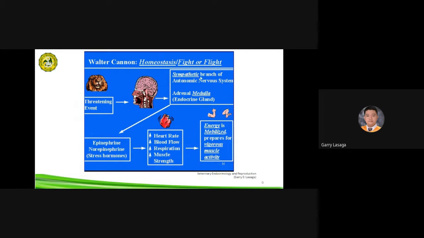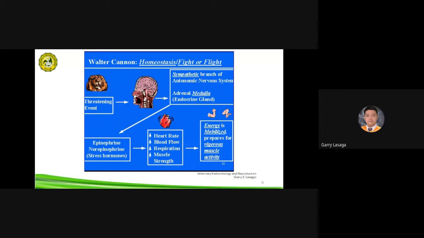So according to Walter Cannon, the fight or flight mechanism is a way wherein the body responds to a certain type of external stress, or extreme stress, or a frightening or threatening event. An example of a threatening event depicted in this diagram is a lion.